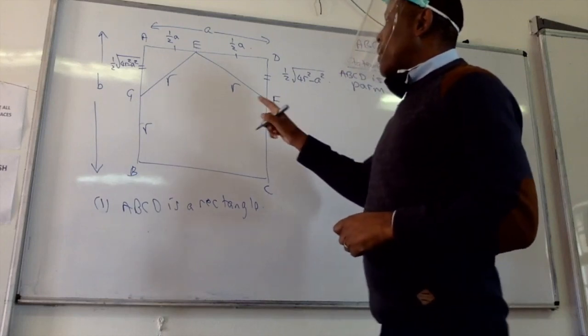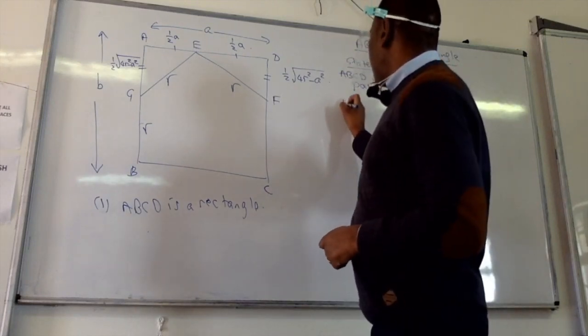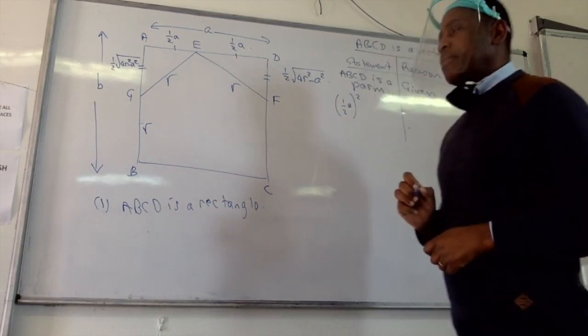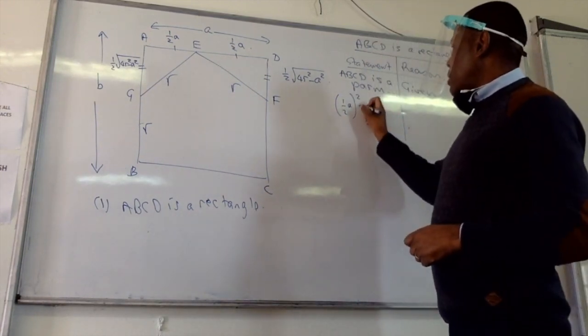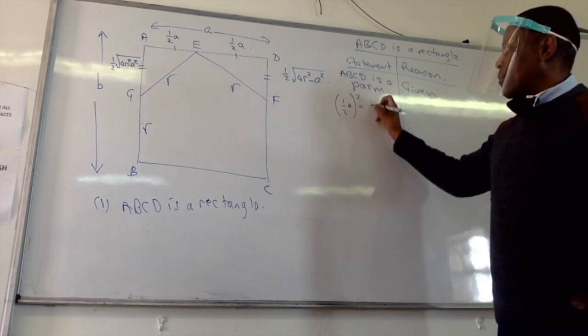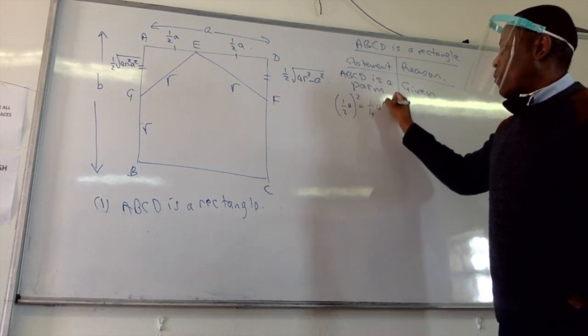So let's take half a and square that. What do we get? A quarter of a squared.